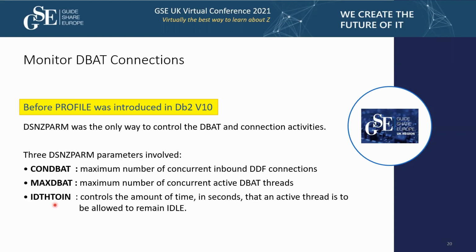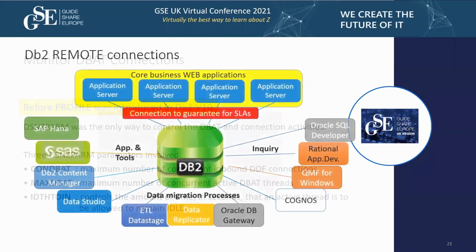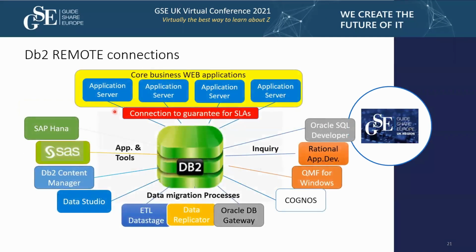An important thing when we want to monitor debug connections is that we need to guarantee enough free threads in our pool for core business applications. But you know that web applications, for example, today sometimes have a lot of spikes during the day.